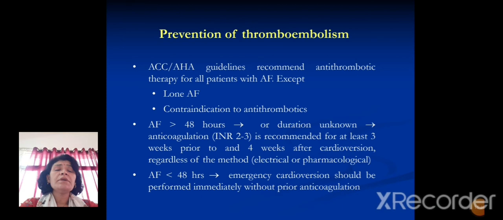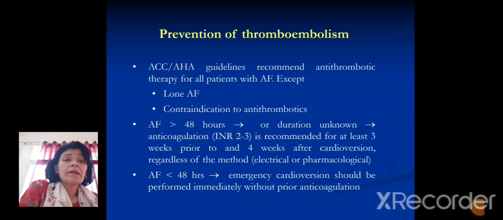If AF is of more than 48 hours or we don't know the duration, then anticoagulation is recommended for at least 3 weeks prior to and 4 weeks after cardioversion. So cardioversion is not tried if there is old AF or unknown duration of AF without starting anticoagulation.